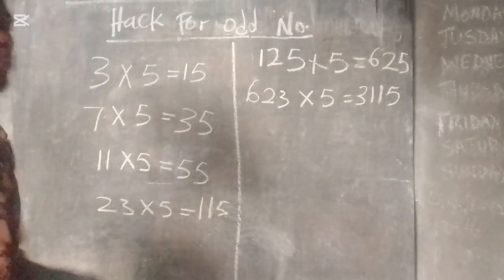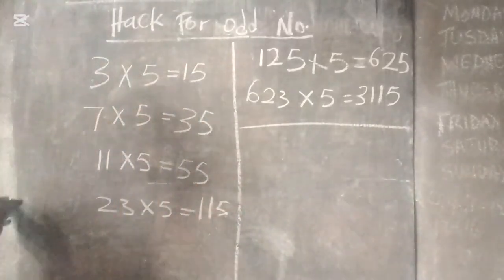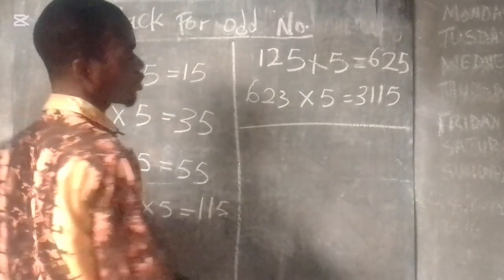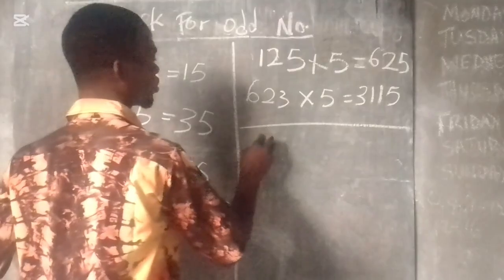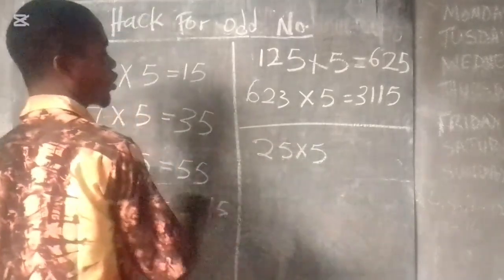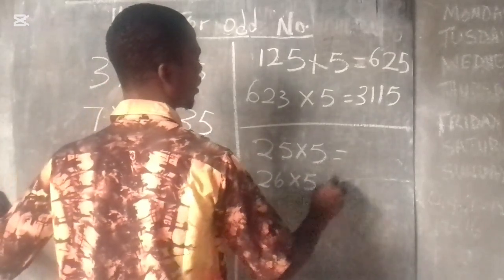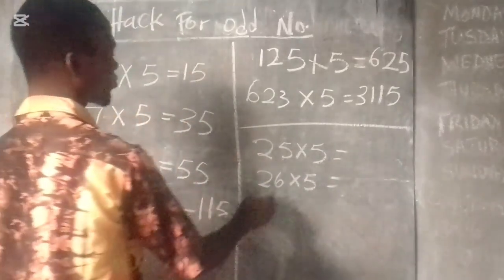Now, I will leave you to try this out on your own. Try it out and put the answer down in the comment section. Try numbers like 25 times 5. This is an odd number. 26 times 5. This one is an even number.